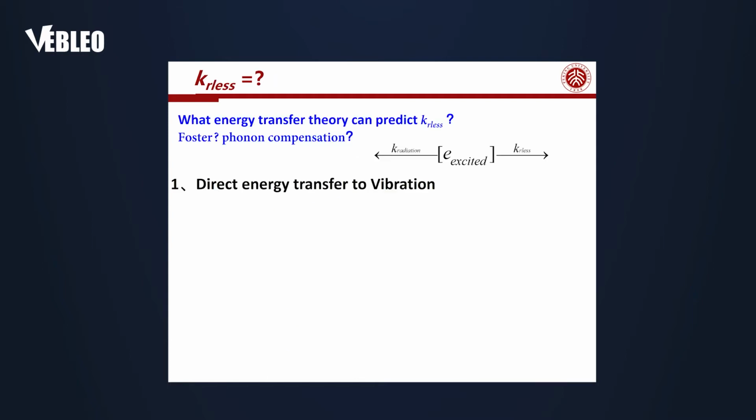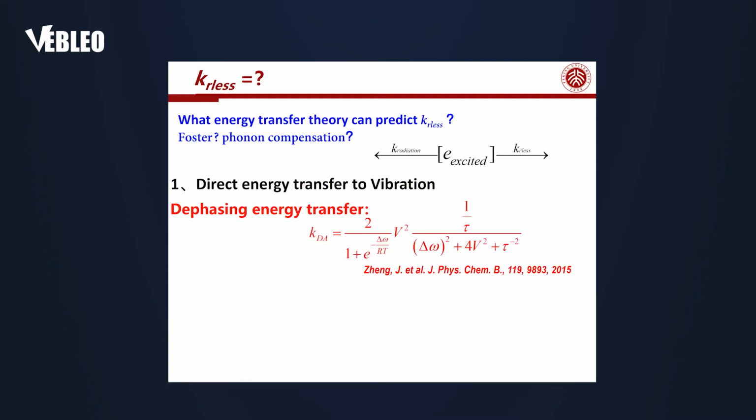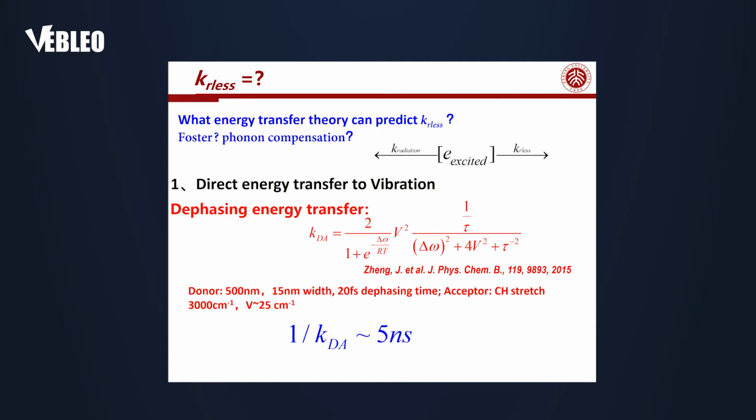Then how can we estimate the non-radiative decay rate? For this, we can use the diffusion energy transfer equation we developed in the past 10 years. When we plug the molecular parameters into it, we find that the non-radiative dissipation time constant is around 5 nanoseconds, which is similar to the radiative time constant, but slightly faster.